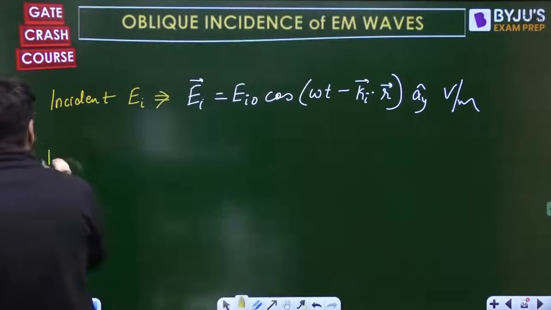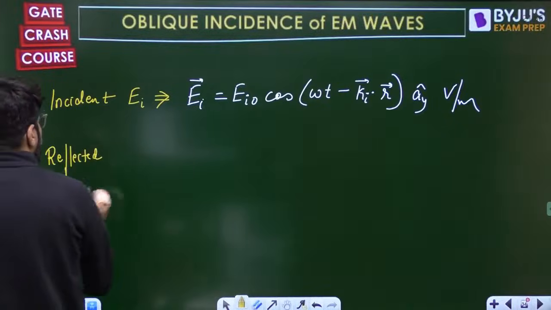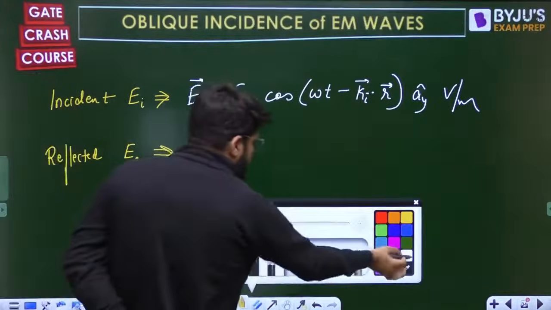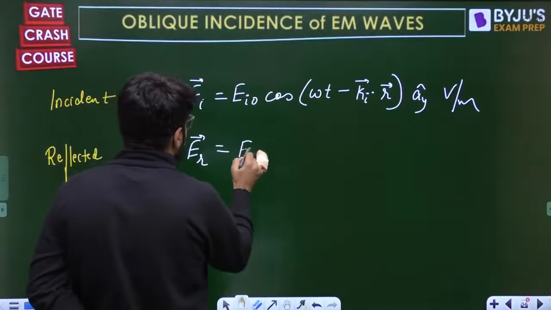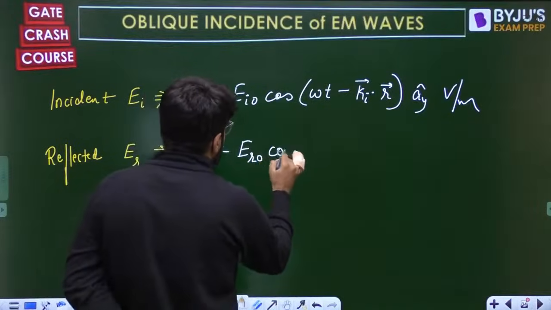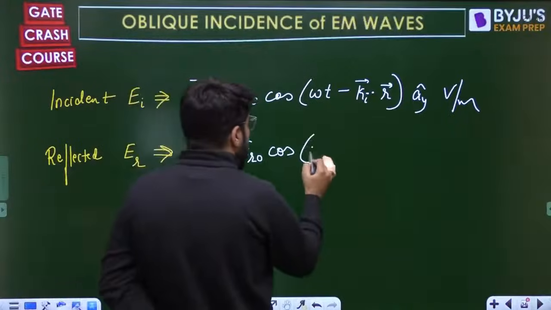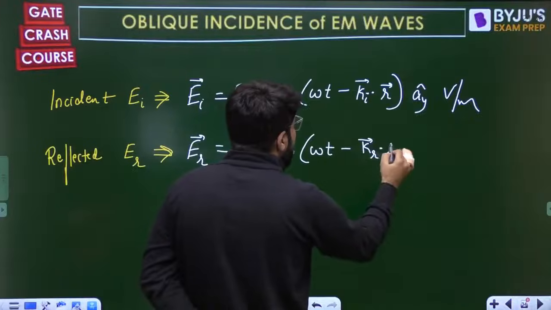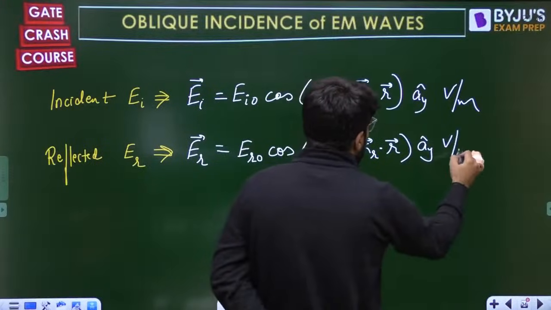Now similarly, what should be the reflected field? This is given by the formula ER naught cos of omega t minus kr dot r, in ay volts per meter.